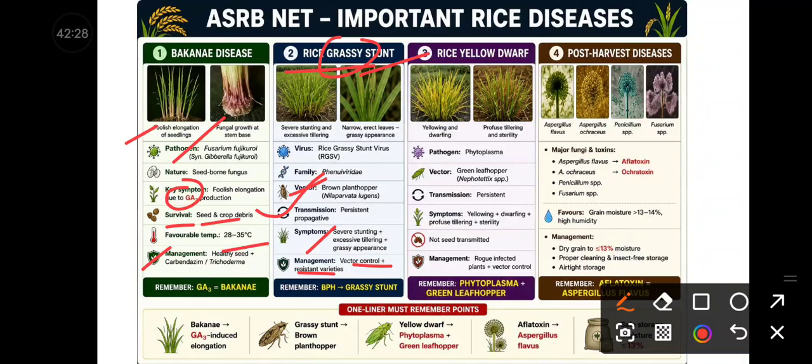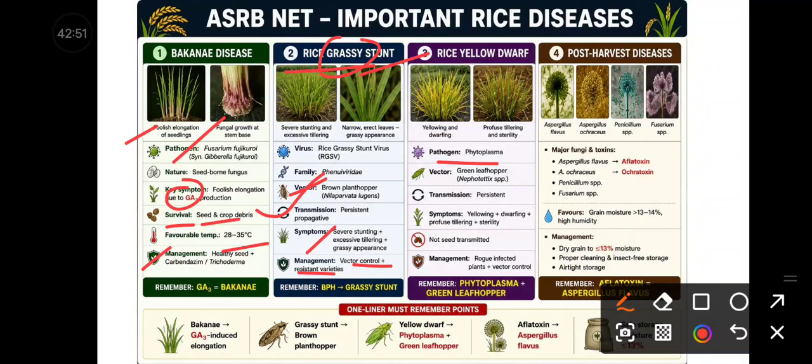Next important are the phytoplasmal diseases, rice yellow dwarf, very important. This is caused by phytoplasma, not virus. We will discuss what phytoplasma is in a separate slide. These are actually bacteria-like organisms, but they lack the cell wall. Then the vector is the green leafhopper, Nephotettix species. Transmission occurs in a persistent manner.